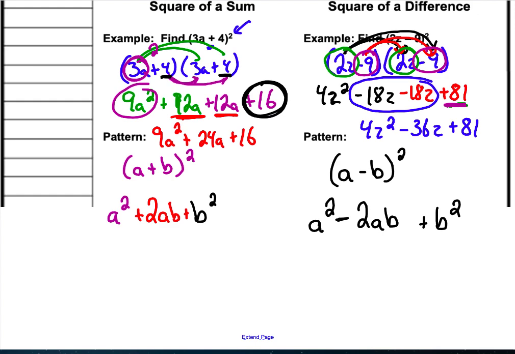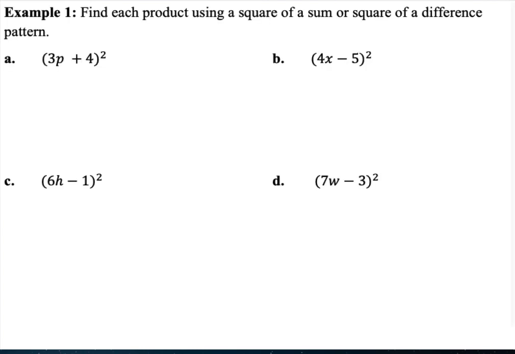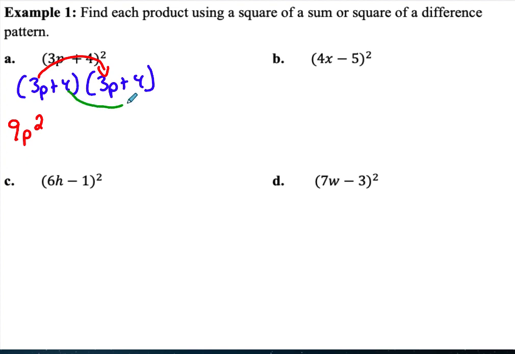All right. A little awkward at first, but once you get the hang of it, you start to pick up on the pattern and it goes a little smoother. So here, let's do a couple of them and then we'll start to pick up on our pattern. So 3p plus 4 times 3p plus 4. So I'm going to multiply 3p times 3p is 9p squared. I'm going to do 4 times 4 is 16.